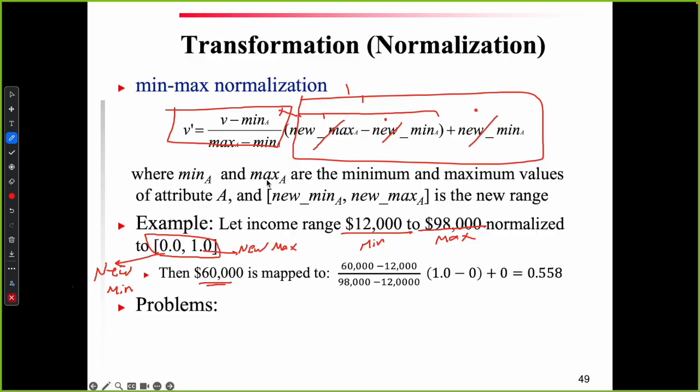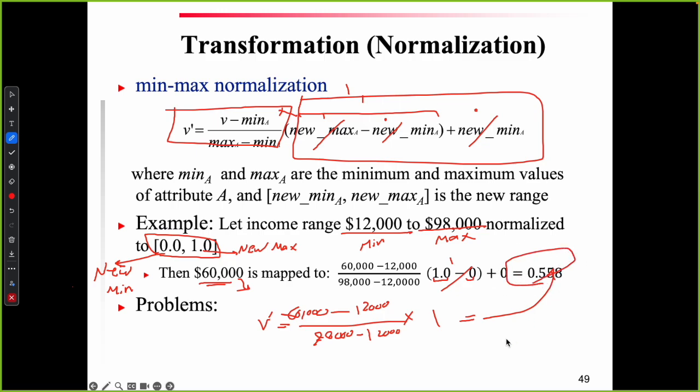So this is your V, the original number, and your V prime, or your new value, is 60,000 minus min, which is 12,000, divided by max minus min, which is 98,000 minus 12,000. And as I said, this is only 1, because this is your new max, and this is your new min, which is 0. So basically, this is the value here.